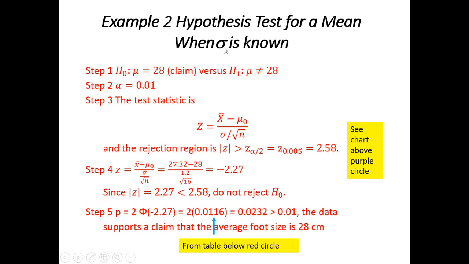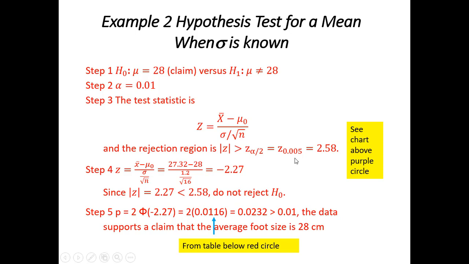Since sigma is known, we know that we could run a z-test, and our test statistic is given by this formula. Z is x bar minus the hypothesized mean divided by sigma over the square root of n. So the rejection region is the solution to the absolute value of z greater than z 0.005.